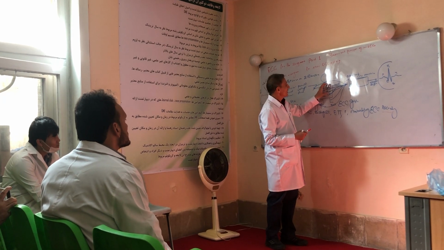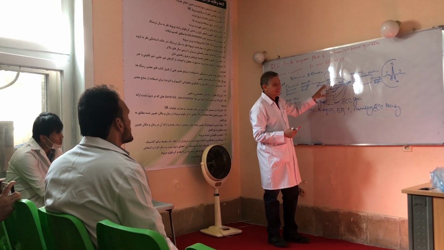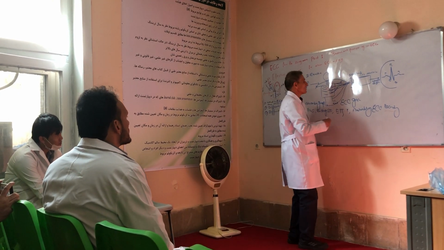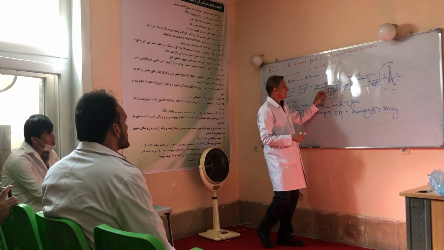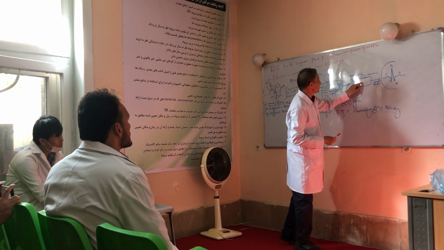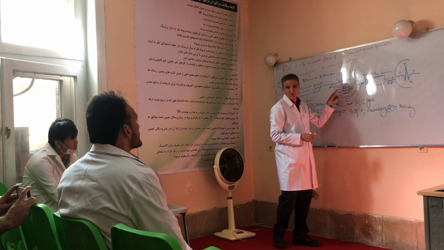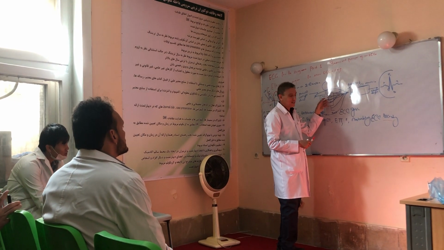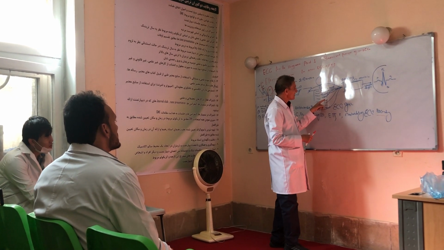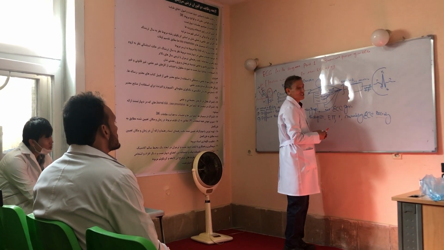And then these electrodes that we attached already are picking up this electrical force from the outer surface of the body, and it goes to the ECG machine through this wire which is connected to the electrode. After receiving the electrical impulse by the electrode, it goes through the wire to the ECG machine.